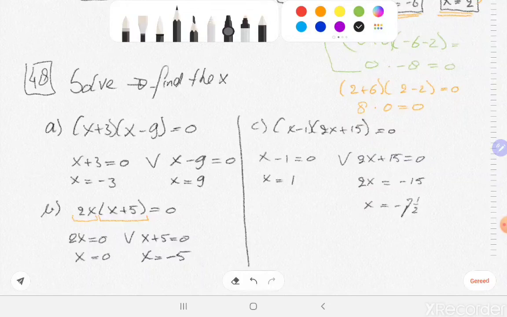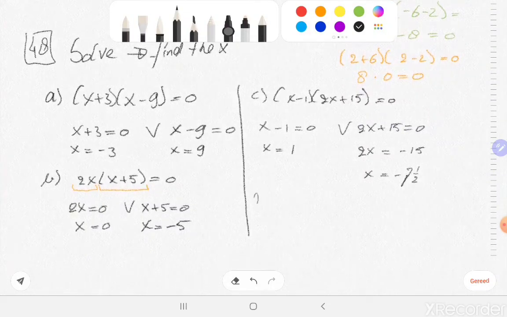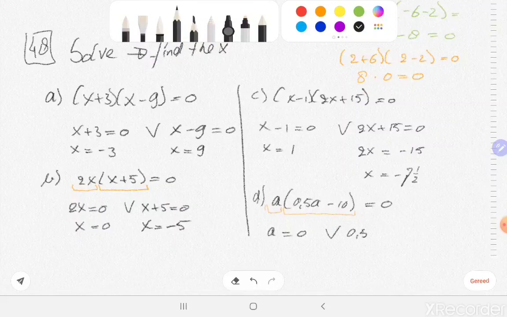Then the last one, exercise D. It is a multiplied with 0.5a minus 10 is equal to 0. So this part needs to be 0, or the other part needs to be 0. So a is equal to 0, that's immediately the first solution, or 0.5a minus 10 needs to be 0.